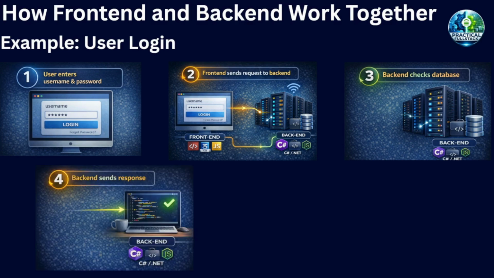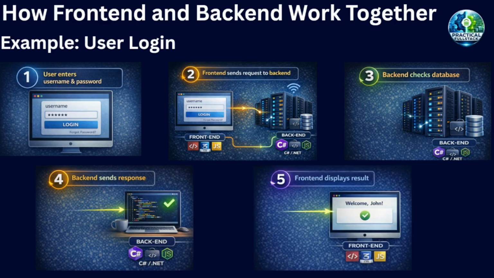It then sends this response back to the front end, indicating whether the login was successful or not. Finally, the front end displays the result to the user, for example, showing a welcome message if the login is successful. This interaction between the front end, back end, and database is what powers most modern web applications.